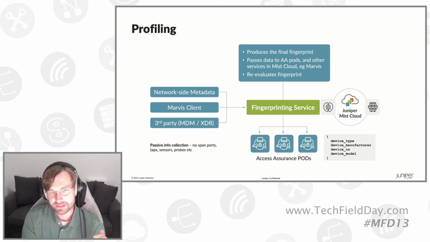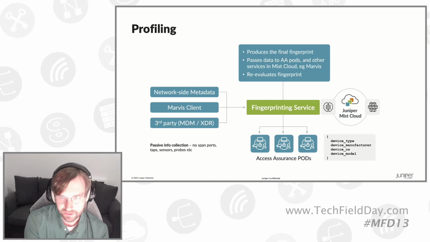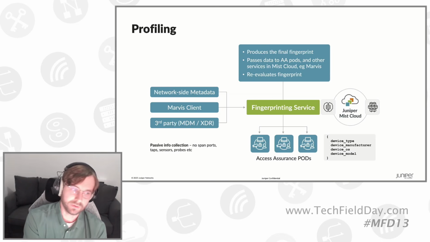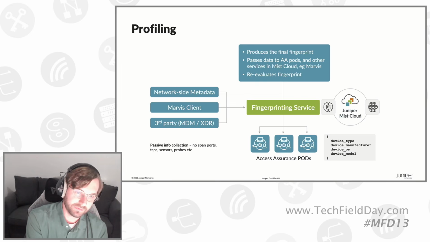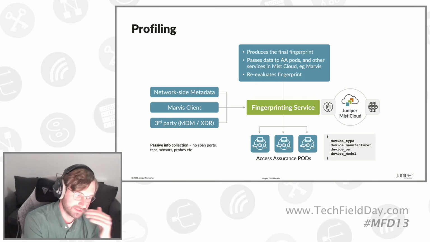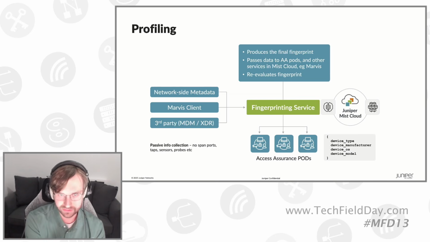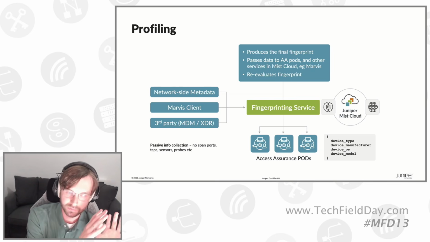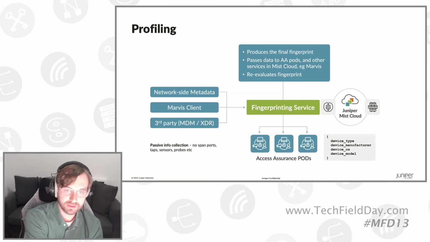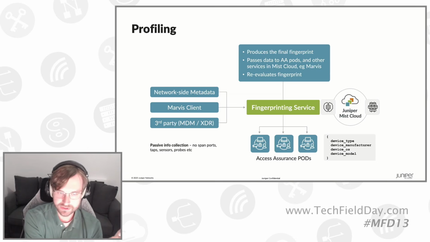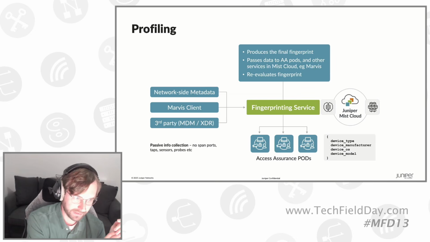Now, what it also does is continuously reevaluate the fingerprint. In some products, the fingerprint is only detected once and then it stays forever. We are actually reevaluating it based on the data that keeps coming to that profiling service.